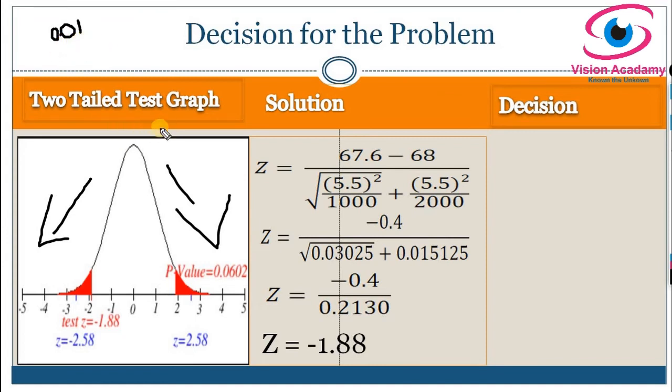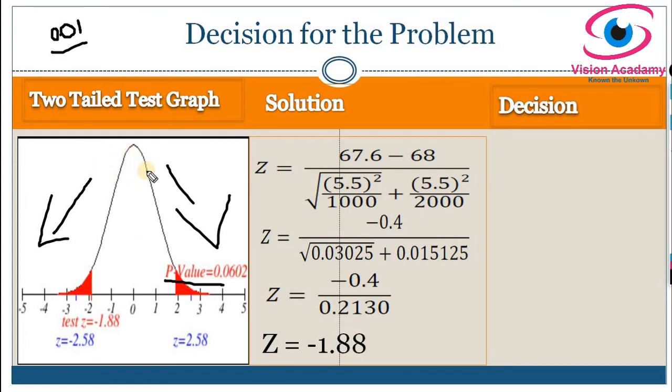Firstly, I will show you how to take a decision using the p-value, because it is a very important application in statistical software. In almost all statistical software, we take the decision using the p-value only. We have to compare the significance level with the p-value. If the p-value is greater than the significance level, then we retain the null hypothesis.